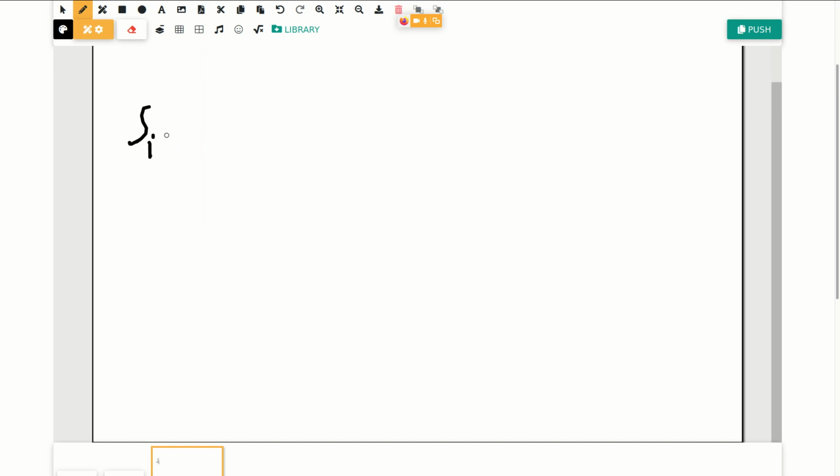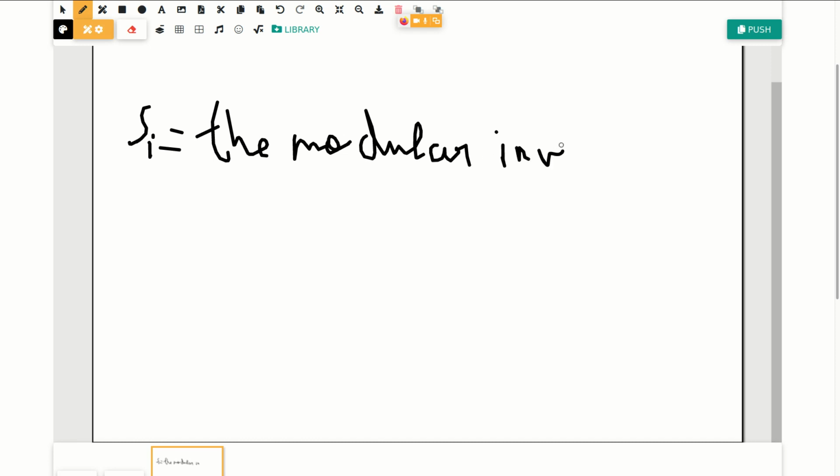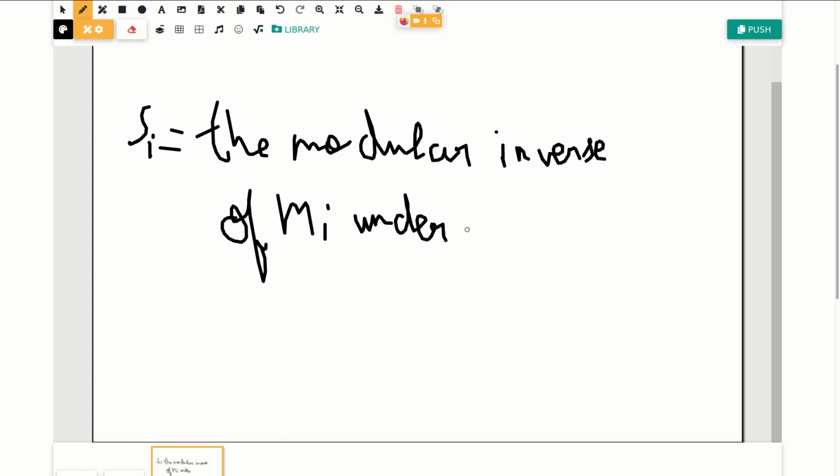Okay. So what is this Si? So Si is equal to the modular inverse of capital Mi under modulo small mi.